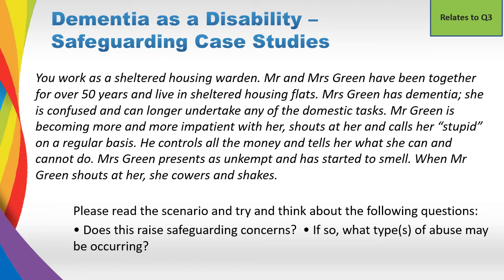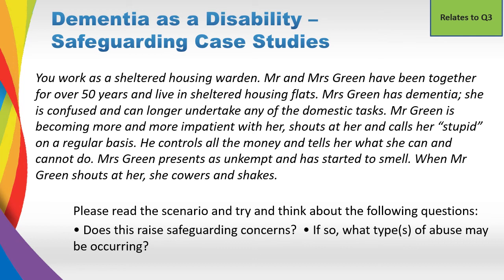So let's have a look at dementia as a disability through some safeguarding case studies. You work as a sheltered housing warden. Mr. and Mrs. Green have been together for over 50 years and live in a sheltered housing flat. Mrs. Green has dementia. She's confused and can no longer undertake any of the domestic tasks. Mr. Green is becoming more and more impatient with her.